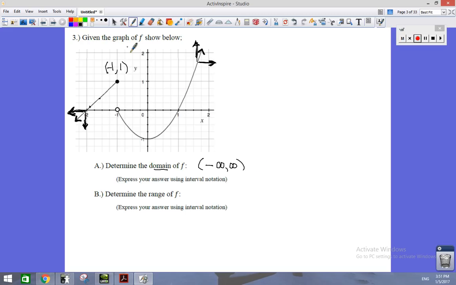Now, when I come in and describe the range, I'm thinking up and down, and I need to just focus on the y values. I'm not thinking about moving left and right on the graph. So even though this point right here looks to be a minimum point, remember over here, this arrow extends forever, which means I'm only interested in the up or down portion of that graph.